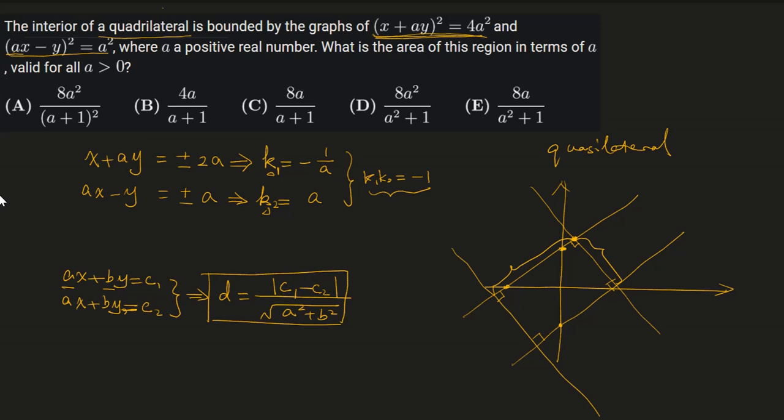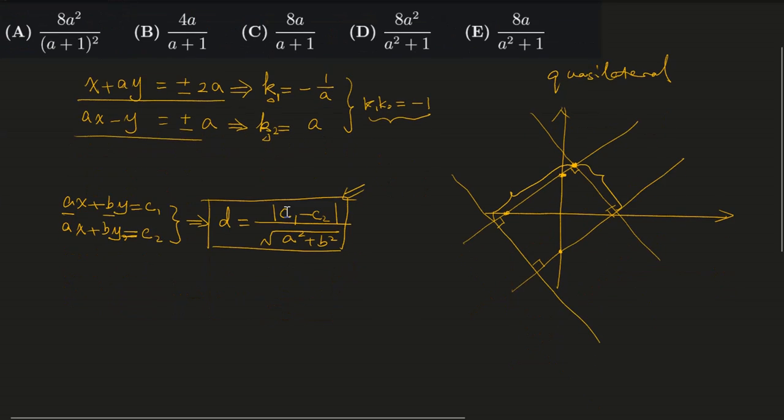So now the problem is really to apply this formula on these two pairs of parallel lines and get the two distances, and then we multiply them. That will be our answer. Good, let's do that. So the distance between the lines in the first pair is, the numerator is 2a minus negative 2a, because a is a positive number.